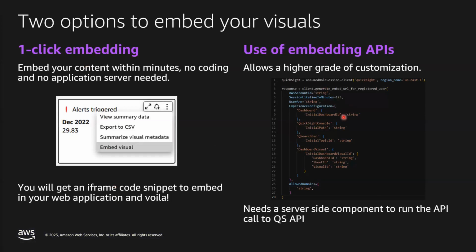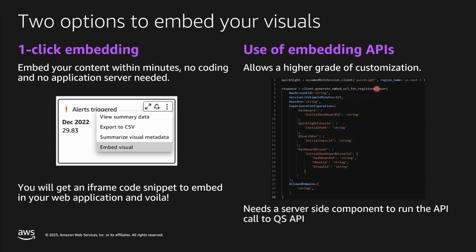The main difference is that with one-click embedding, we will be able to do it extremely quickly. It won't require any coding from our side, and the look and feel of the embedded application will look very good. When we use the embedding APIs, it will allow us a higher grade of customization.